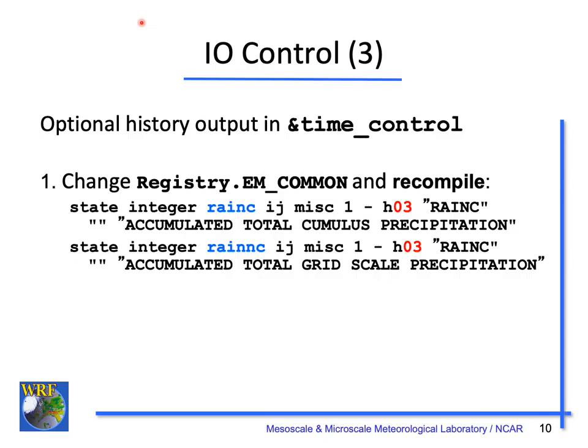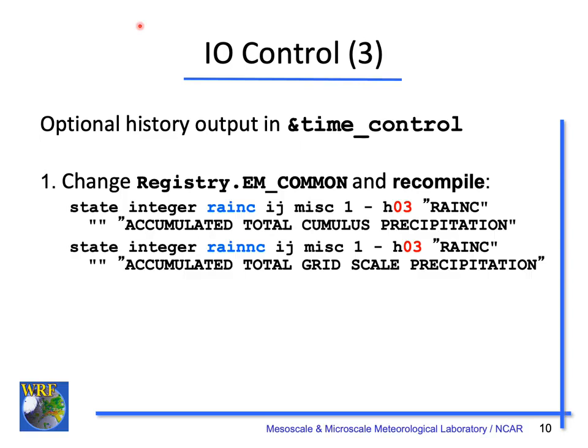We can do so by modifying the attributes in the registry files, such as Registry.EM_COMMON, which contains most of the variables used in the model. An example to output model rainfall produced by the cumulus scheme, RAINC, and the microphysics scheme, RAINNC, is shown on this slide.